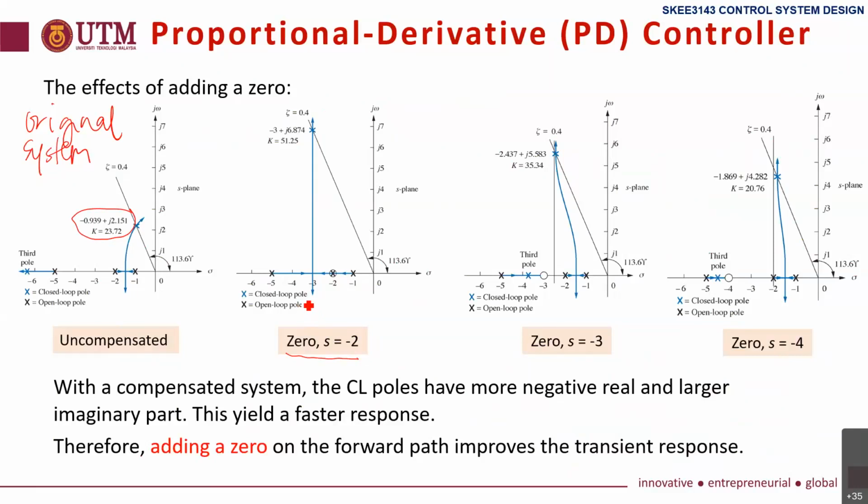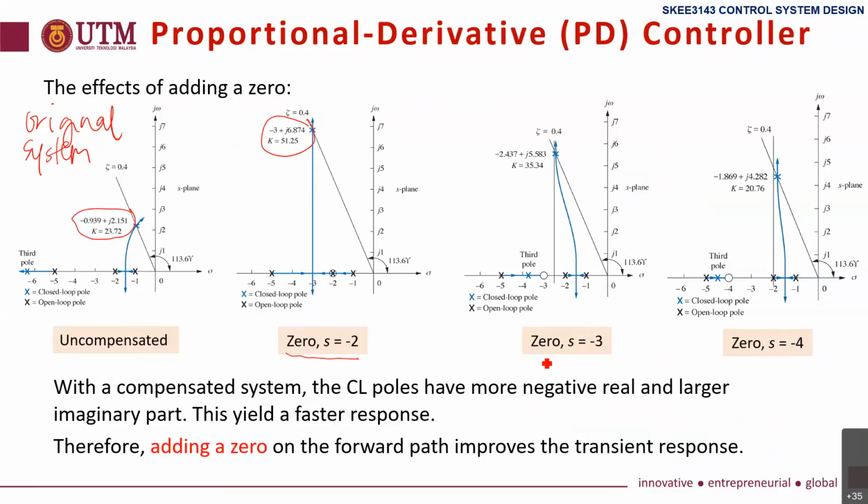The angle will be 90 degrees. So this is what we get. And at the same zeta 0.4, we get dominant pole -3 plus J 6. We compare here -0.9.